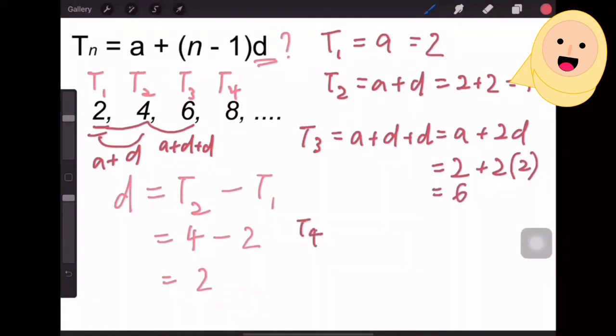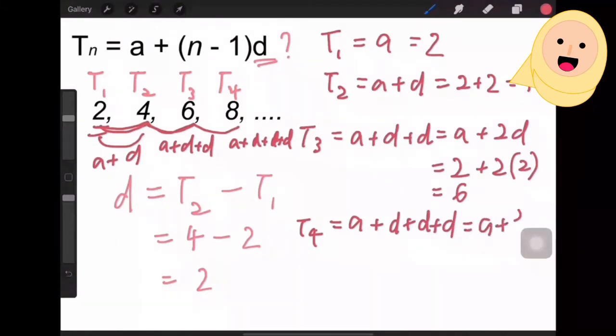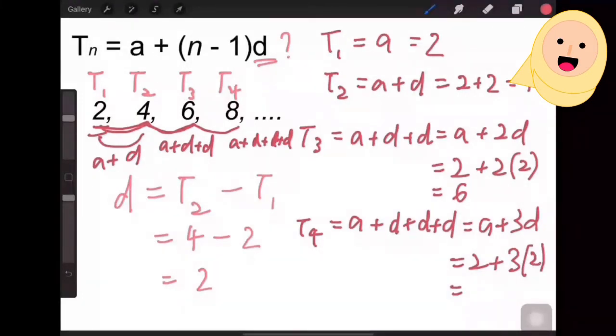The same thing applies to the fourth term, except that you have to add another D. And finally, the fourth term is 8.